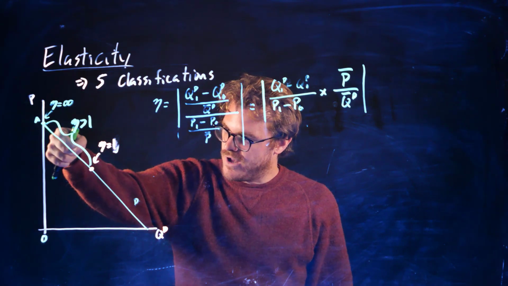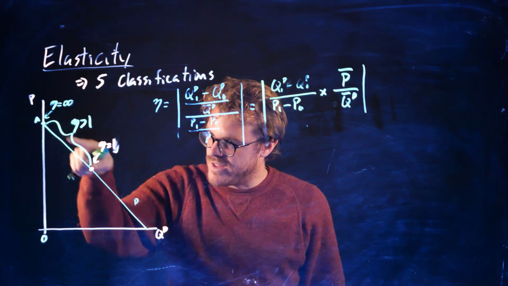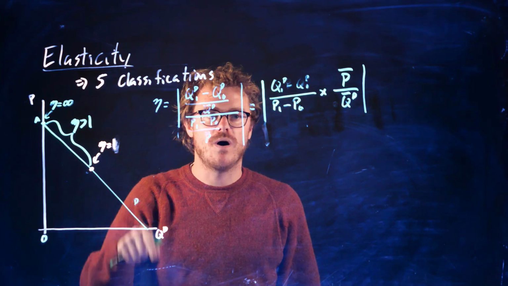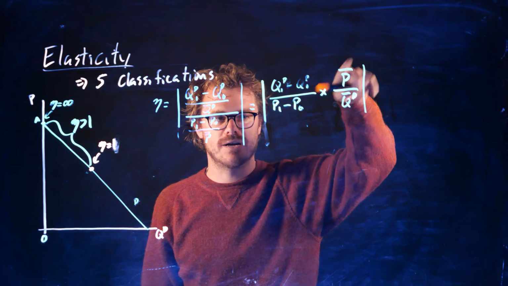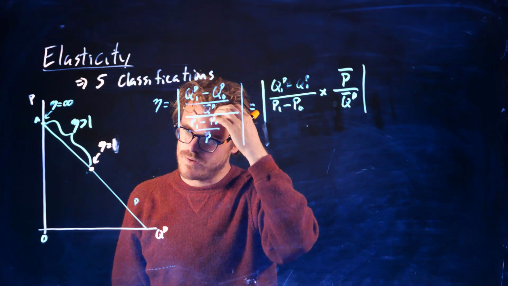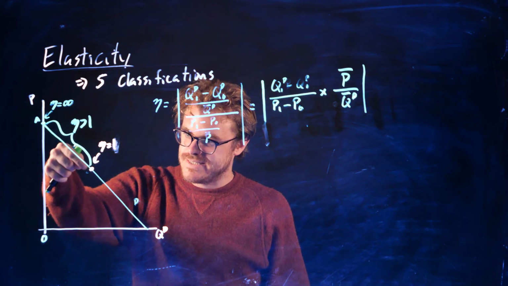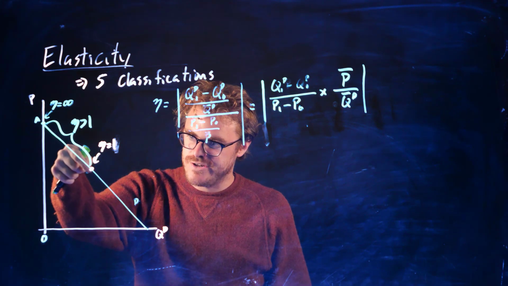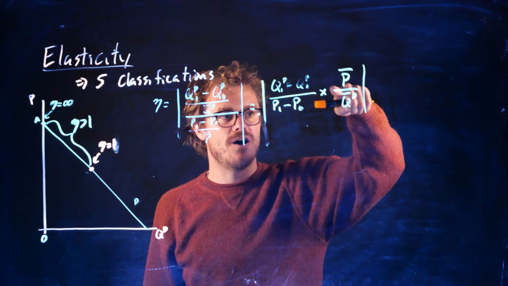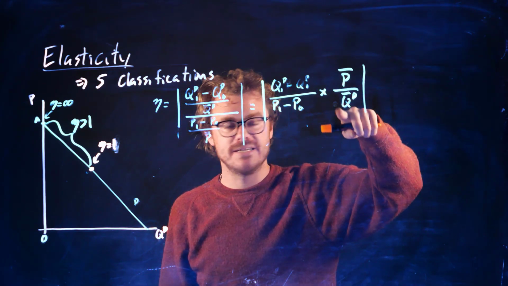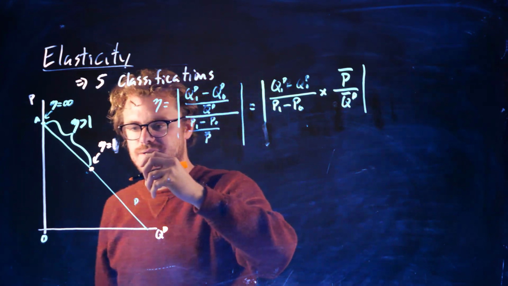It's going to keep on falling until at some point along this curve, the elasticity is going to equal 1. So everything here is going to have to cancel out and we're going to get a 1. But it still keeps on falling as we continue to move down the curve. The average price is still falling. The average quantity is still rising as we move down this curve.